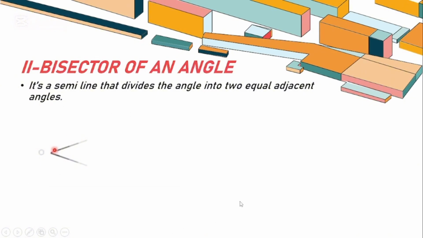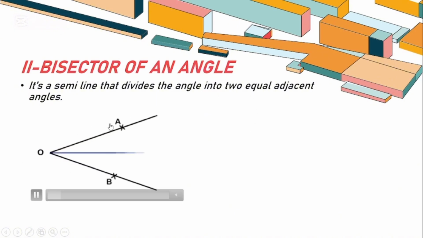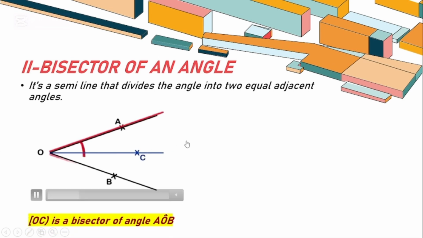So imagine like when you split a pizza equally. This is like a bisector. Look at this angle AOB. OC is the bisector of angle AOB because OC divides the angle into 2 equal parts.